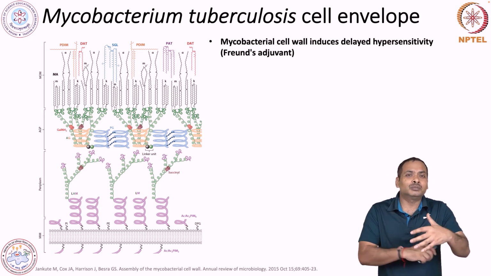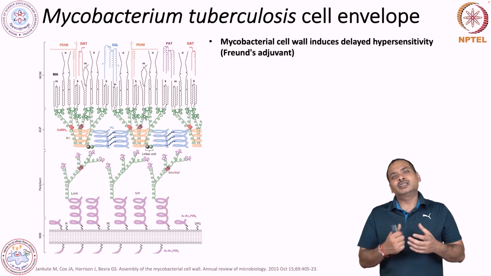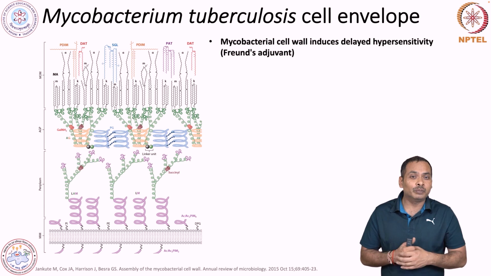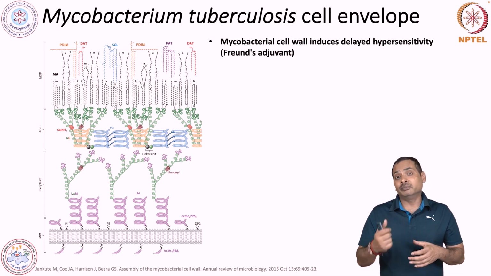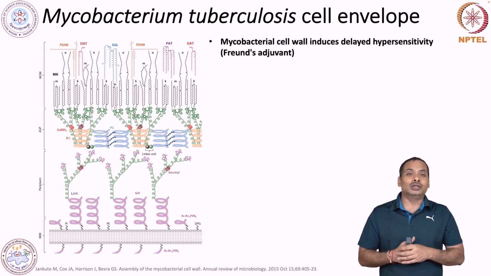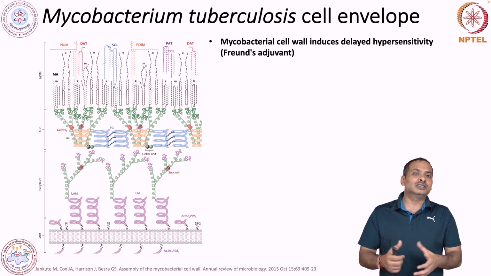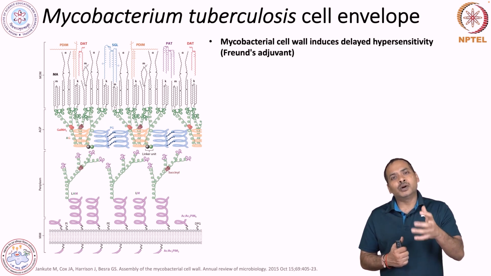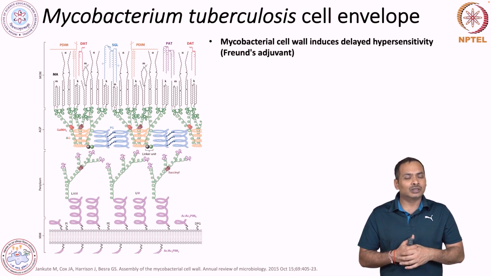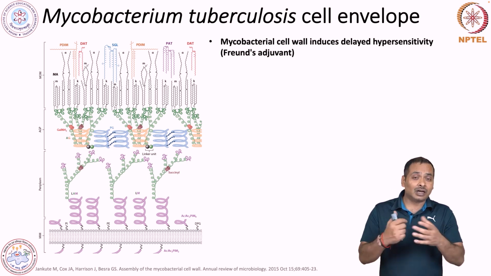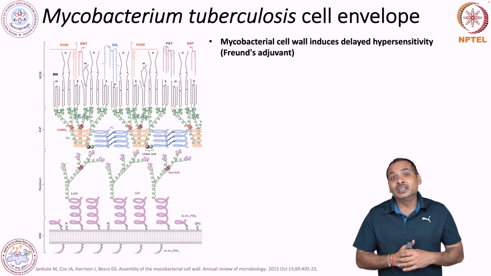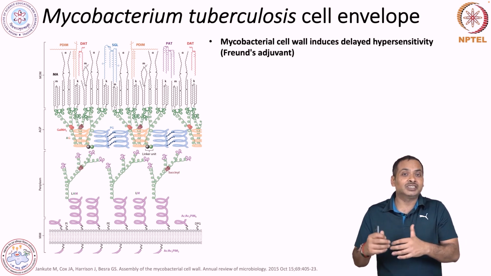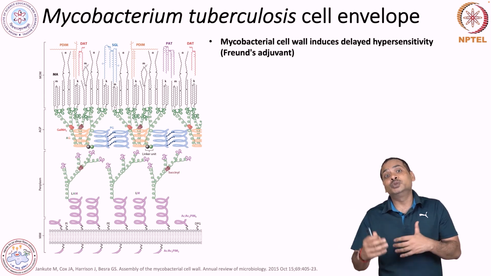If you remember, complete Freund's adjuvant consists of heat-killed dried Mycobacterium tuberculosis mixed in mineral oil. Mineral oil is basically an oil. In that we add dried powder of Mycobacterium tuberculosis, and this component induces delayed type hypersensitivity. Delayed type hypersensitivity will enhance the immune response.